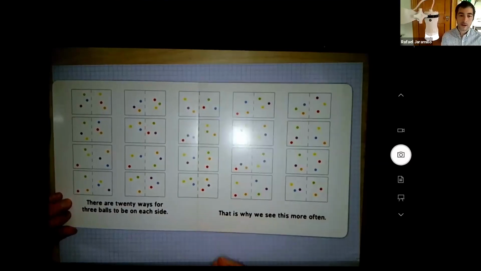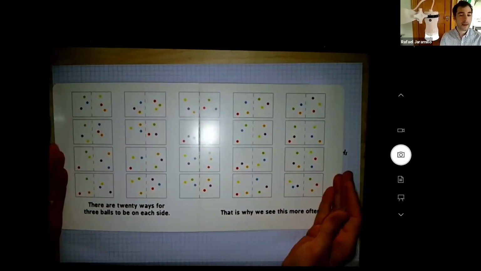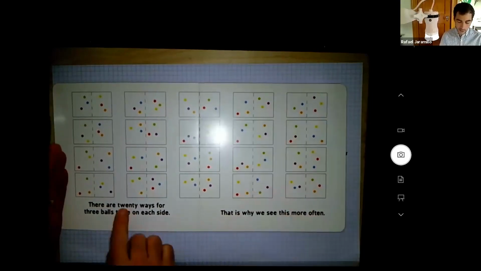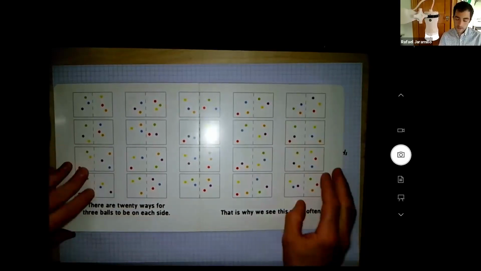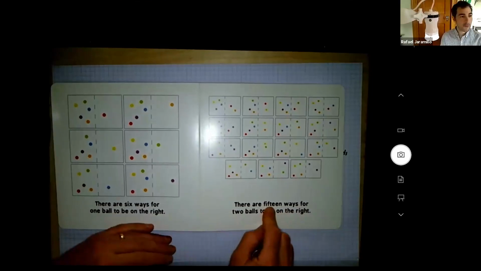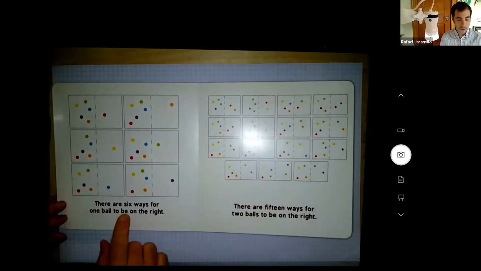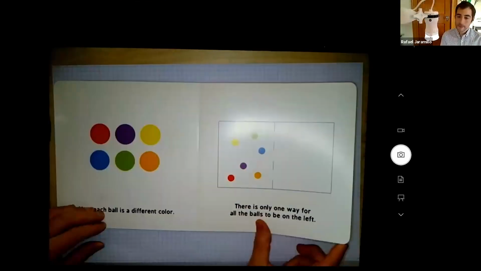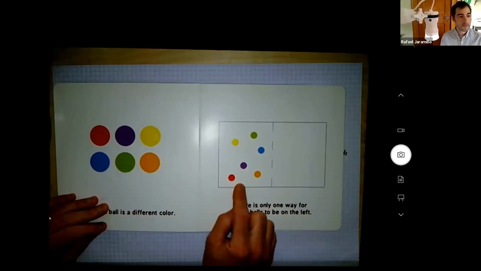And the most likely scenario is this one. Why is it the most likely? Because its likelihood is 20 divided by 64. You have a 20 over 64th chance of finding something that looks like this, a 15 over 64th chance of finding something that looks like this, a 6 over 64th chance of this, and a 1 over 64th chance of finding all the balls on the left.